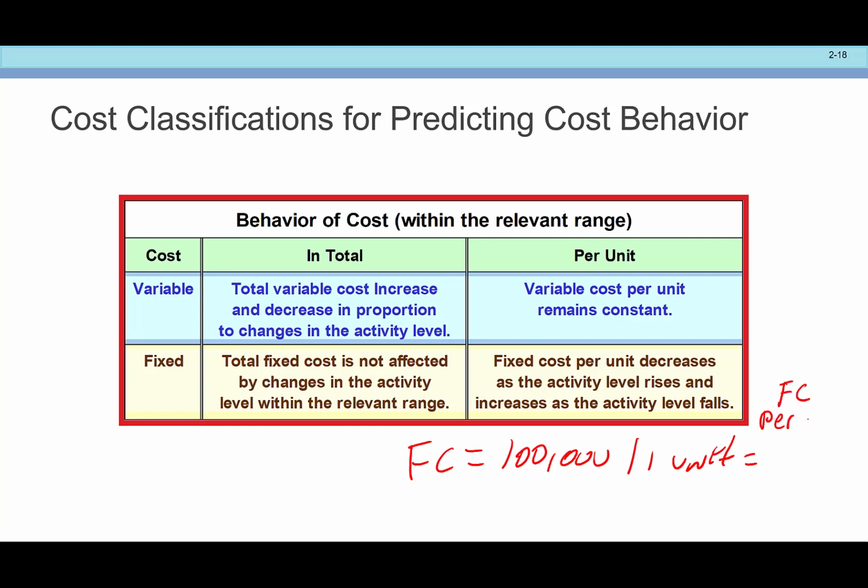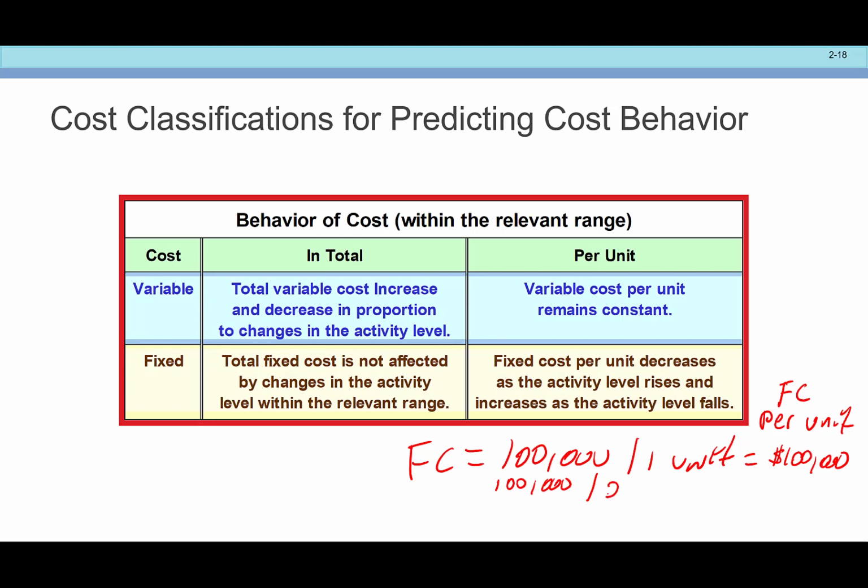So you've got to be careful in my lectures, because all of a sudden I'll ask you a question like that, and when everyone goes quiet, then I know you weren't paying attention. What's my fixed cost per unit? 100,000. Good. My fixed costs are going to be the same regardless of the level of production, right?